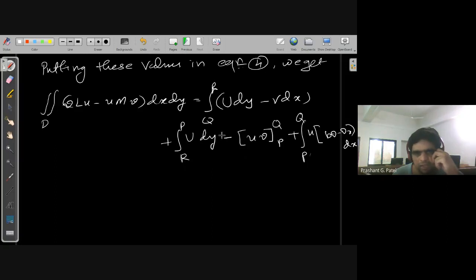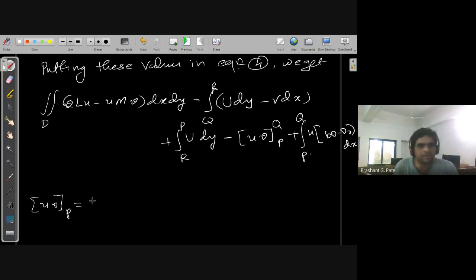So that can be rewritten as, when I substitute the value, UV at Q minus UV at P. But this UV at P is of negative sign, so that quantity I'll take on this side, and the rest of the quantity will shift to the other side.